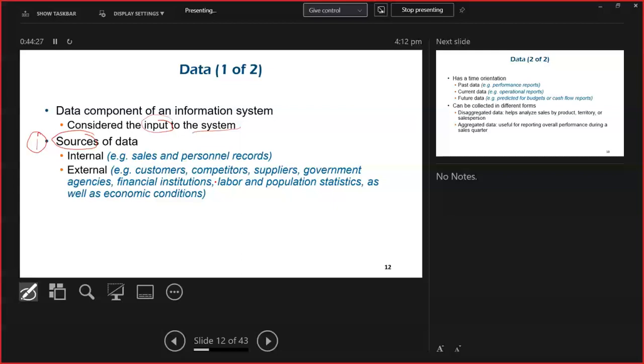So their internal data is actually a lot, including customers, competitors, and government as well. Different companies define their own scope differently, and if you have a better idea of it, you will know where your data is from. This is the traditional way of seeing data, but briefly, you can have internal and external.